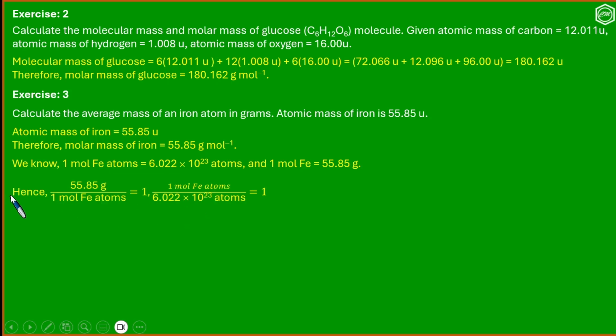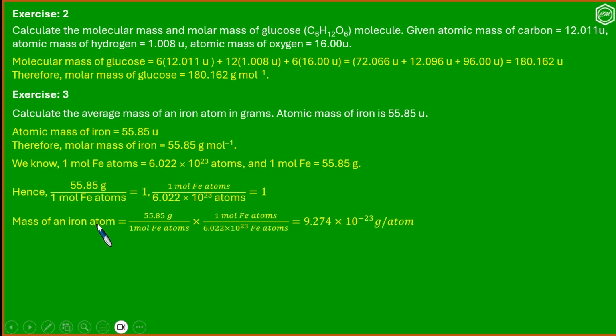Hence the conversion factors are 55.85 gram by 1 mole Fe atoms equal to 1, and 1 mole Fe atoms by 6.022 into 10 raised to 23 atoms equal to 1. So mass of an iron atom is conversion factor into this one, and that is 9.274 into 10 raised to minus 23 gram per atom. That is the mass of one iron atom.